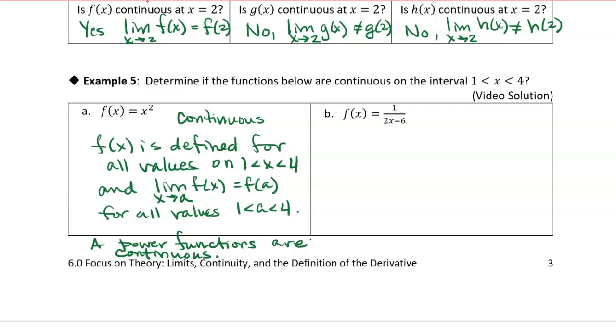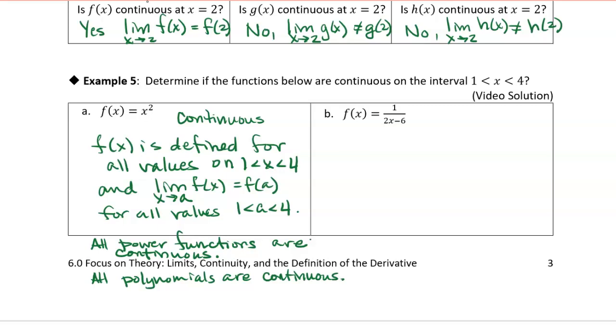And by extension, we can also say that all polynomials are also continuous, because a polynomial is just a sum of a bunch of power functions. They're defined at every point, and if we picked any point in any interval, it doesn't have to be 1 to 4, because this function is defined for all values of x from negative infinity to infinity.